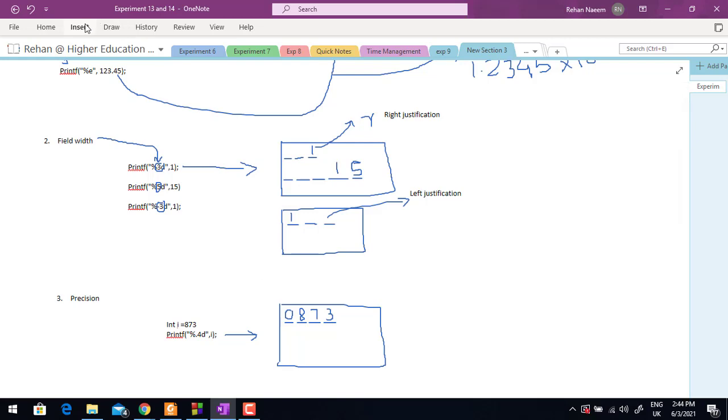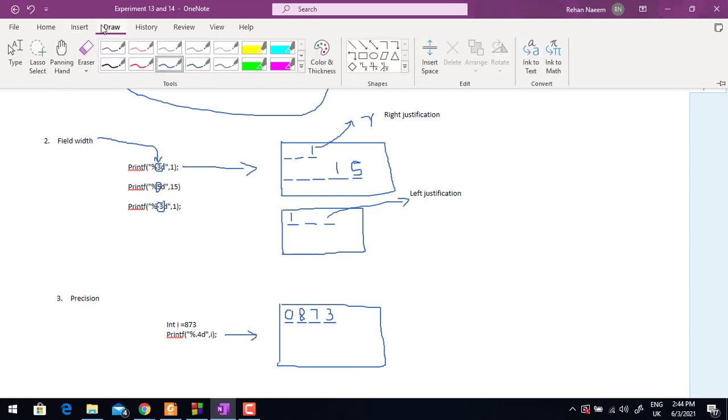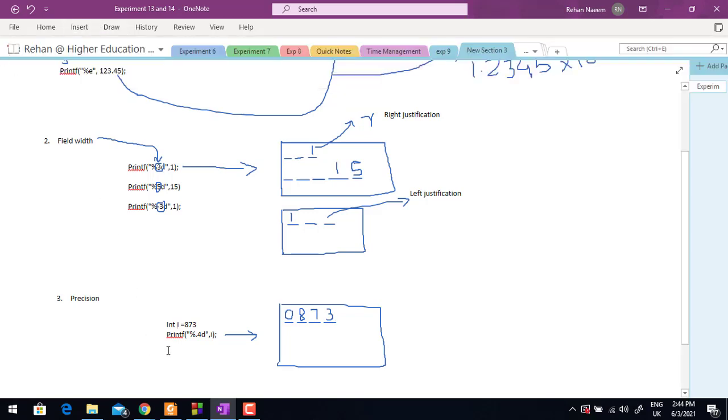Let's take another example. Say for example, if I write printf percentage 6d, point 6d, what will happen? 6 spaces will be allocated for 873.